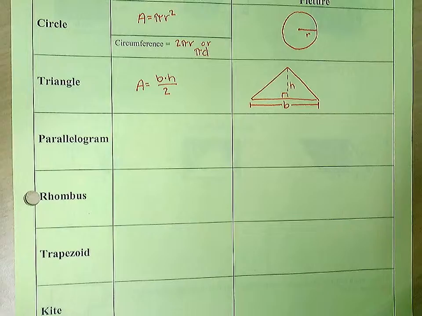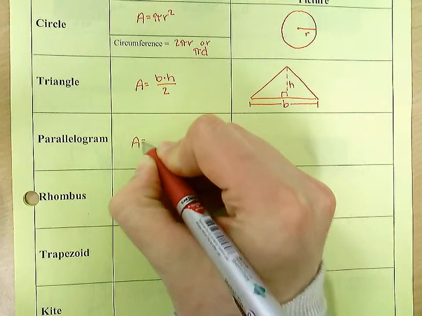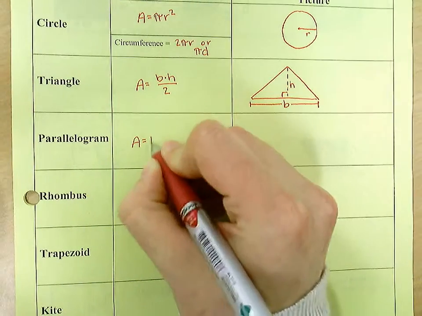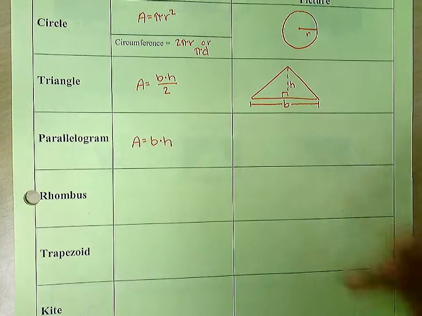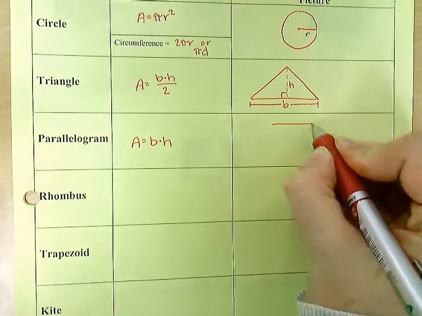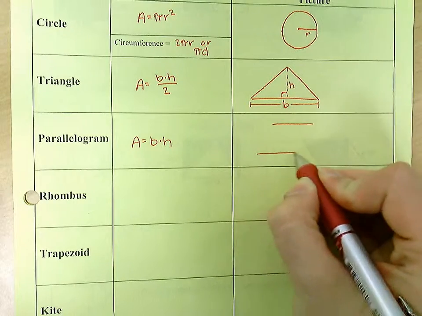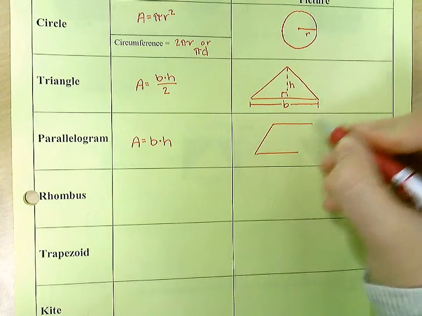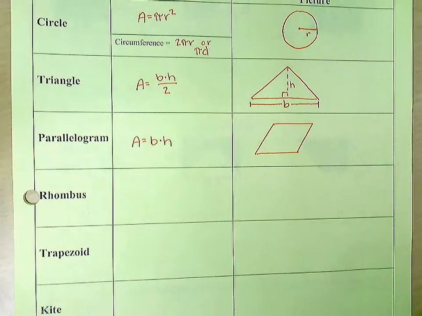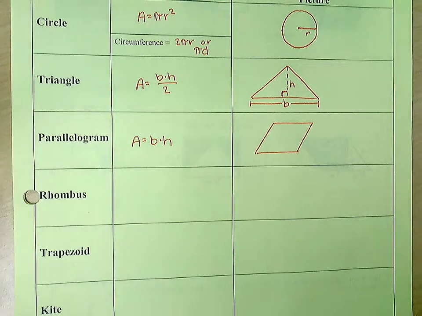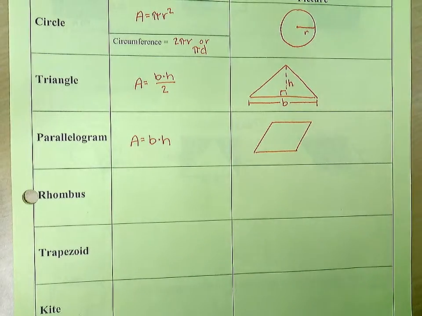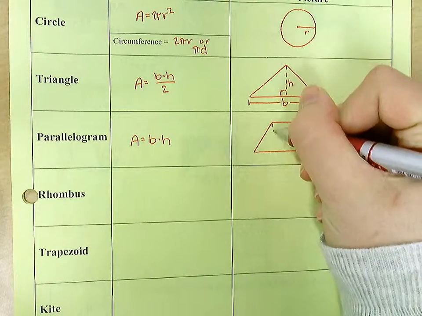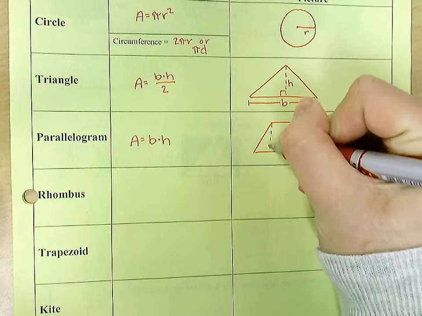Okay, a parallelogram. Area formula is just base times height. Okay, for our parallelogram here, okay, again the height has to be a perpendicular distance.